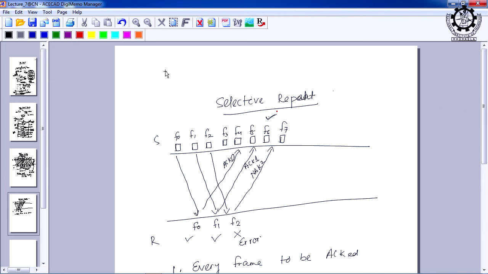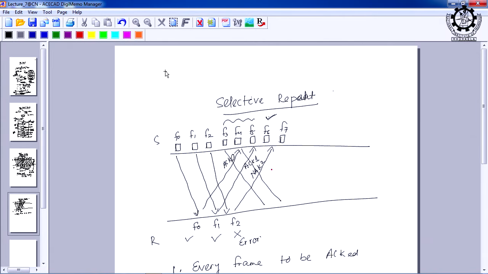At this point, when the sender was supposed to send F6, your NAC comes here. So, in between it can send 3, 4 and 5. Let us say F3, F4 and F5 have all been transmitted. When it was supposed to send F6, it checks that a NAC has come.